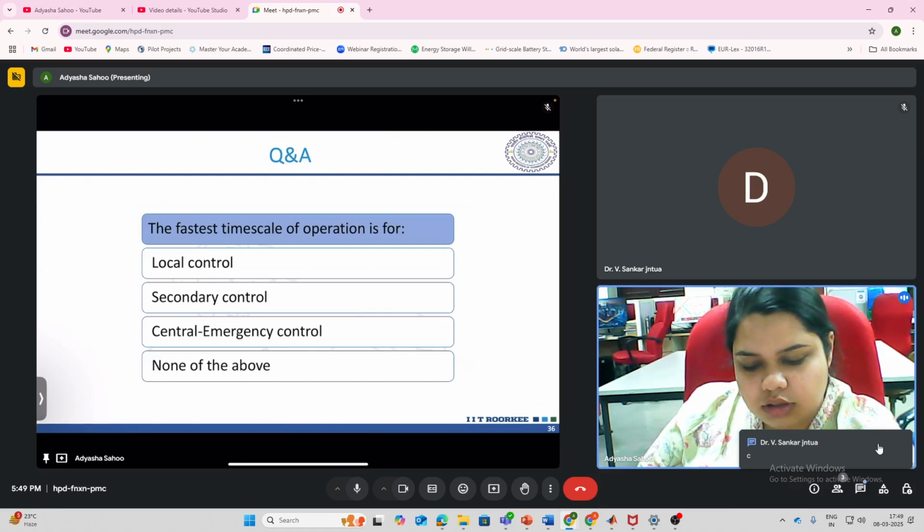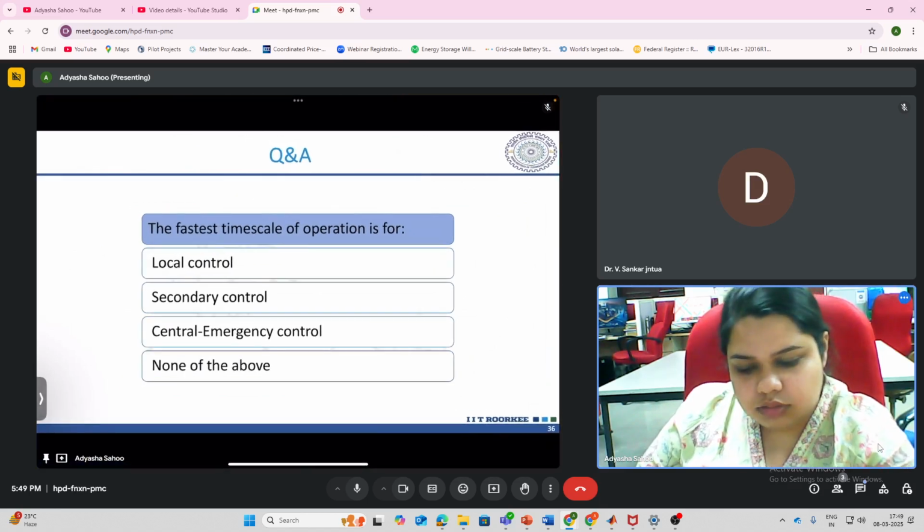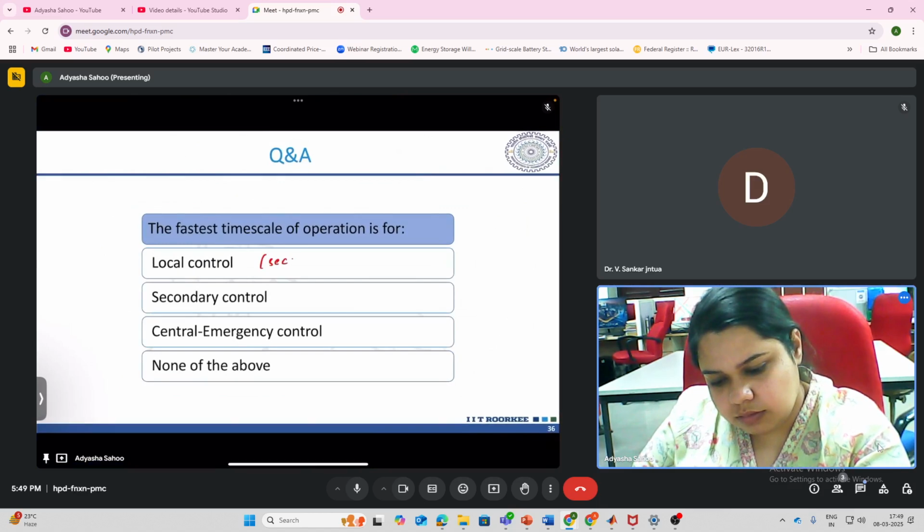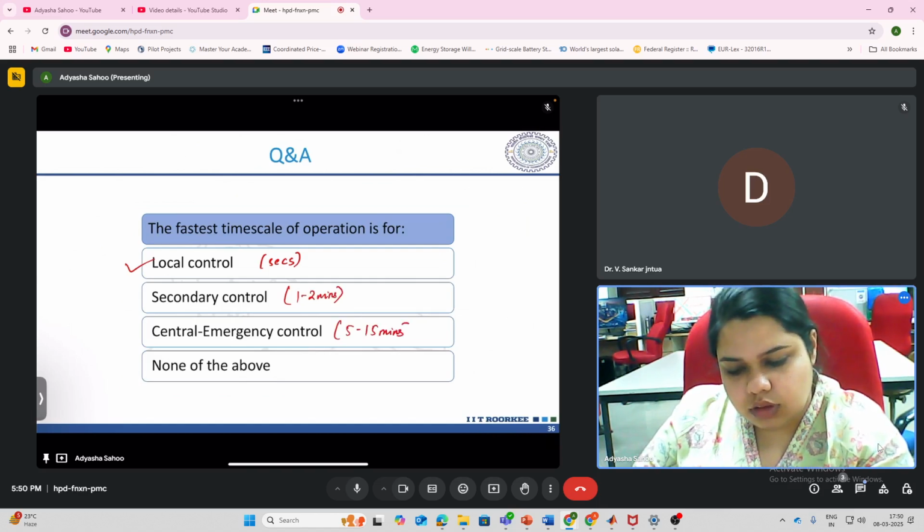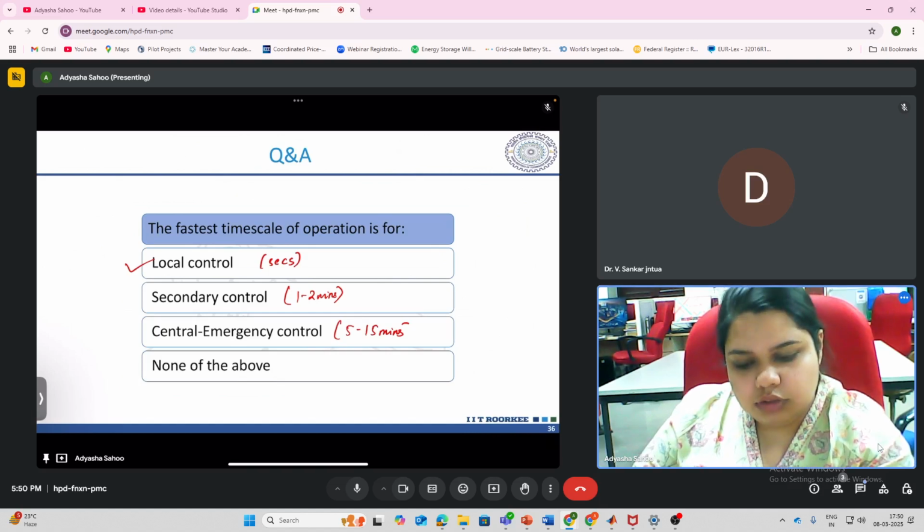Fastest is actually the local one. It is in seconds. After that, you have secondary control in 1 to 2 minutes, and this one is in 5 to 15 minutes. So it is local control.